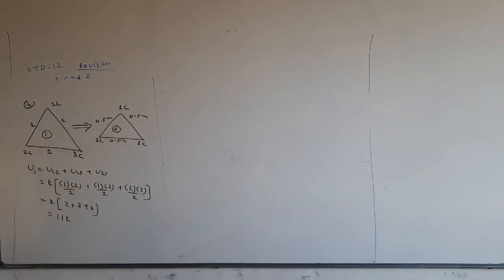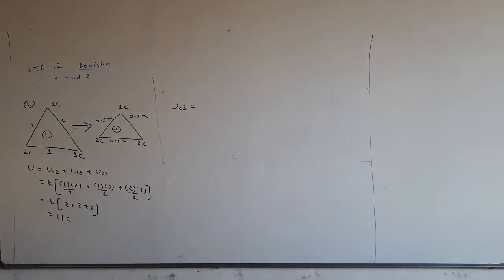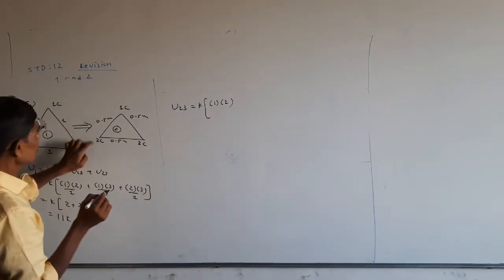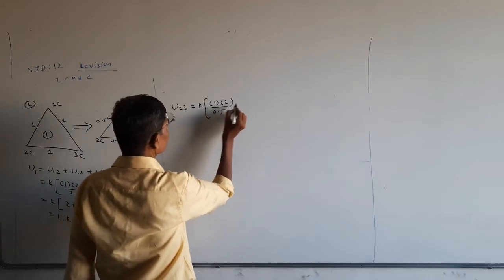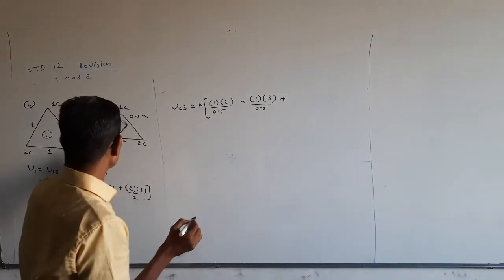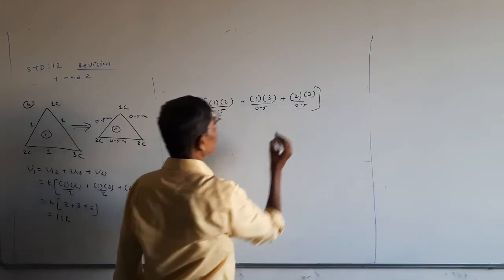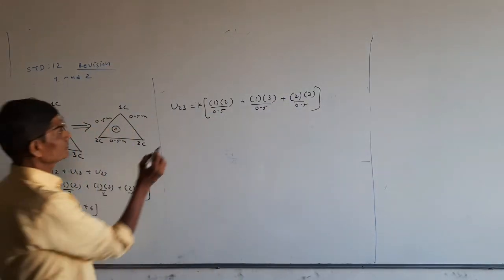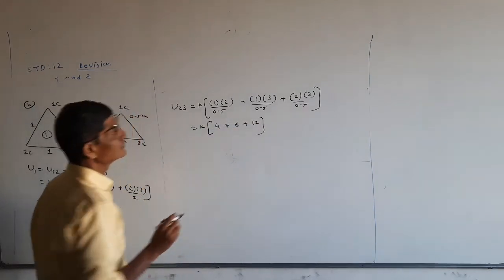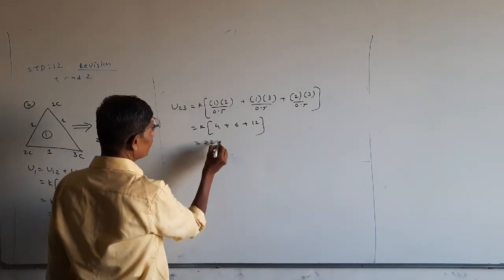Now see the final potential energy U2. The charges are the same, only the distance changes. K, 1 and 2, what is the distance here? 0.5. Then 1 and 3, distance is 0.5. Similarly 2 and 3. Now this will become 4 plus 6 plus 12, which is 22K.